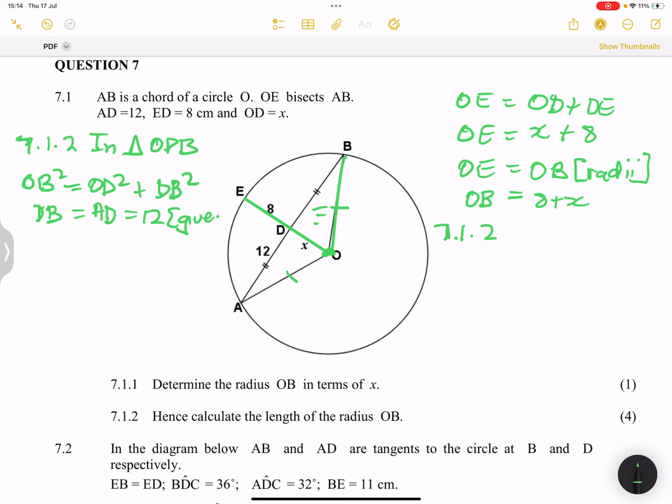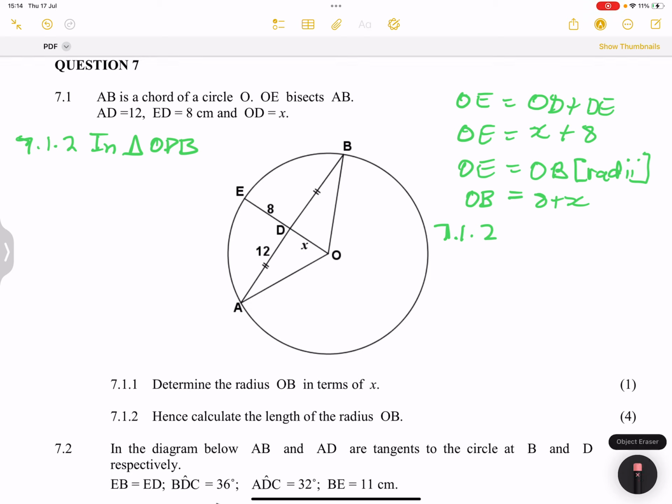Oh, I actually almost forgot a very important detail before I even get to that. Why would I use the theorem of Pythagoras here? Because in this case, I'm using theorem 1, a line drawn from the center that bisects a chord is perpendicular to that chord. Sorry, I didn't mention that. So what does this say to us?